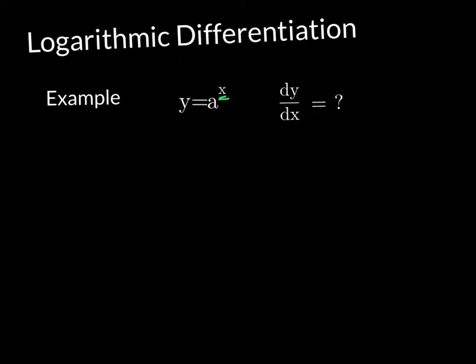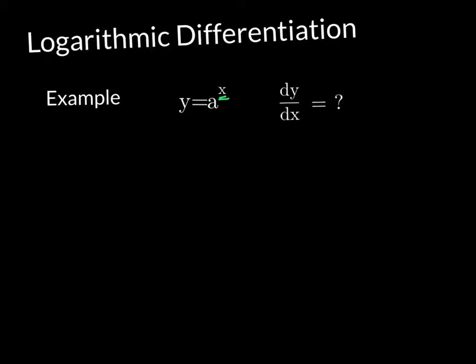So what we actually have to do for logarithmic differentiation is use the log laws and also use implicit differentiation. So let's take a look at this example where we have y is equal to a to the power of x.